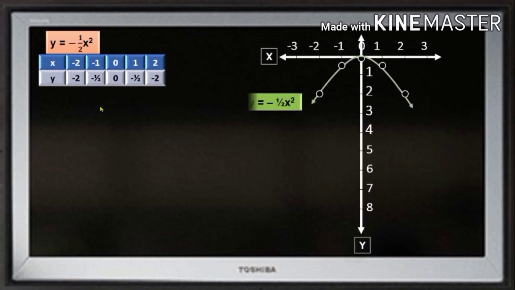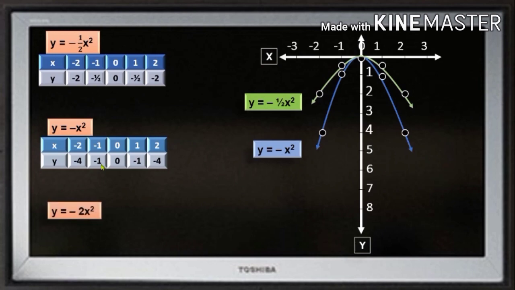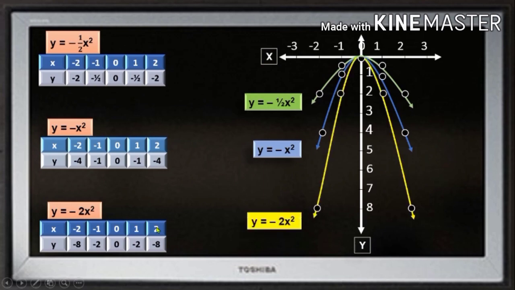Then let's look at the graph. And the second one, we have y equals negative x squared. We have here the table of values and the corresponding graph. And the third example, we have y equals negative 2x squared with its table of values and the corresponding graph.